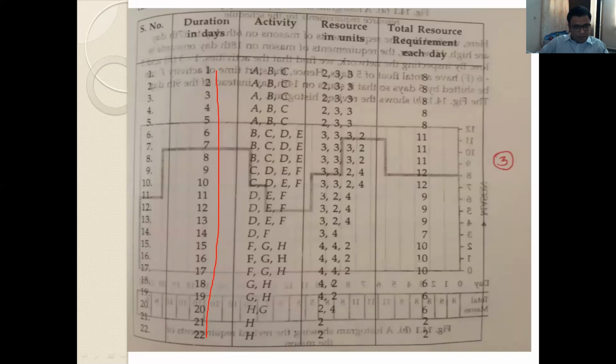In the same way, for activity B, resource required is 3, and for activity C, resource required is 3. Whatever they may be, masons, skilled laborers, whatsoever. For each of these activities marked in column number 3, we have to mark their resources in column number 4. So up to 5 days, 3 activities are going on.